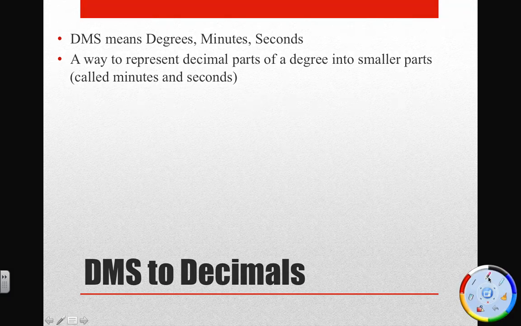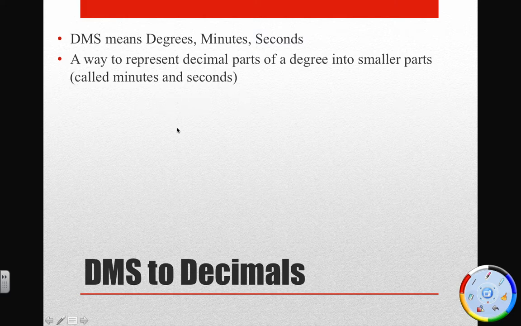But then what if I just had 1 degree? We need some other way to read the measures in between. If this was just 1 degree, what would be a measure inside of this? This is where we break it up into minutes and seconds, just like we break up an inch into eighths and sixteenths, or feet into inches, yards into feet. Breaking something into smaller parts.